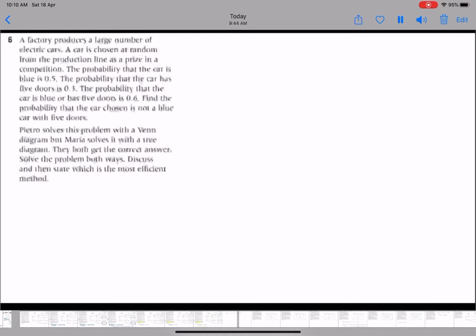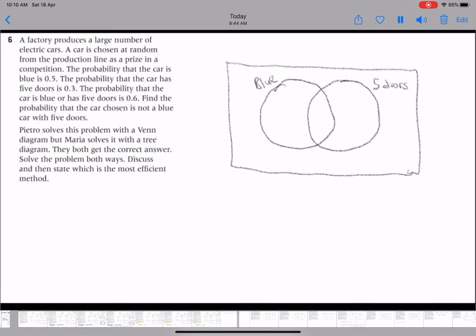Okay, the next question. This is pretty hard. Let's approach this using the Venn diagram first. So the story involves two things, a blue car and 5 doors. The probability that the car is blue is 0.5. My question is, should I write 0.5 there? Does that region represent the probability that the car is blue?